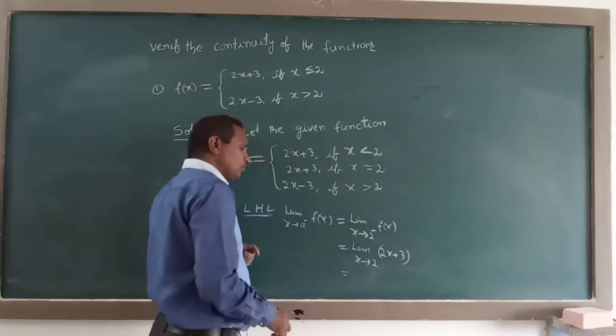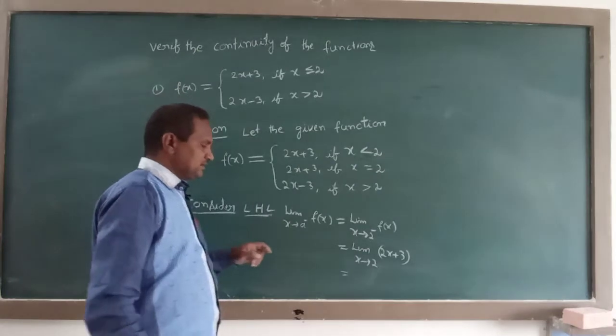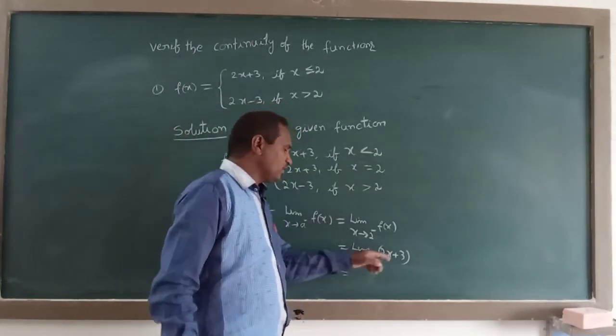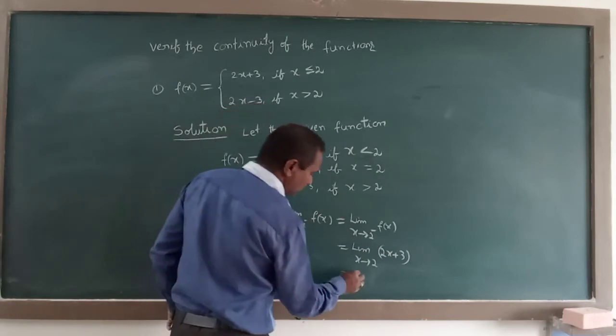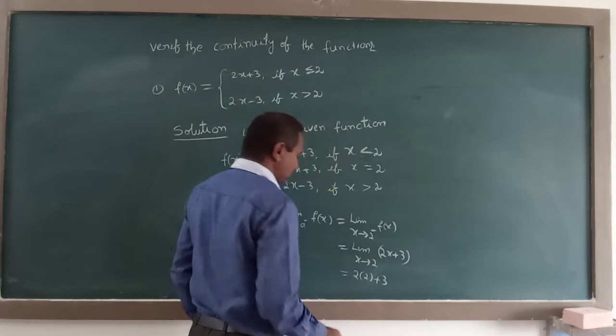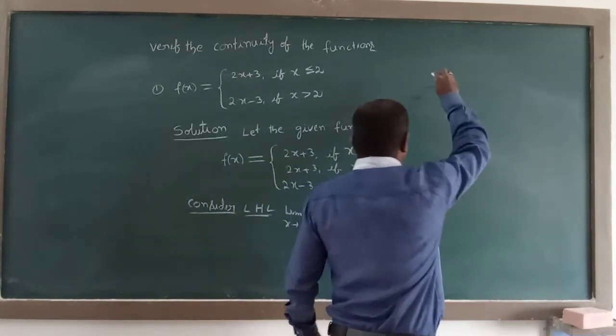Now you remove the limit symbol, and instead of the variable we must substitute 2 here. 2 into 2 plus 3.